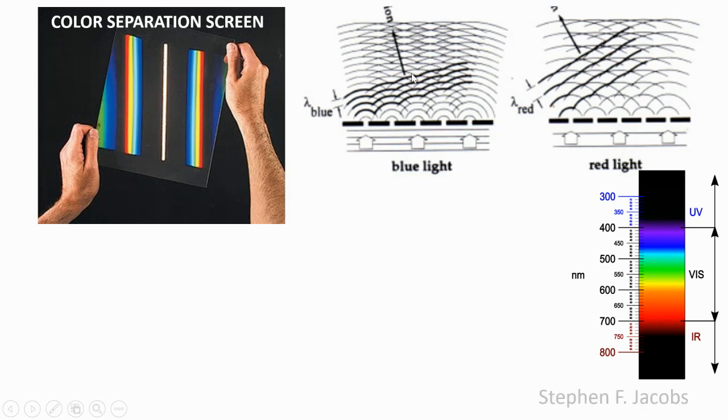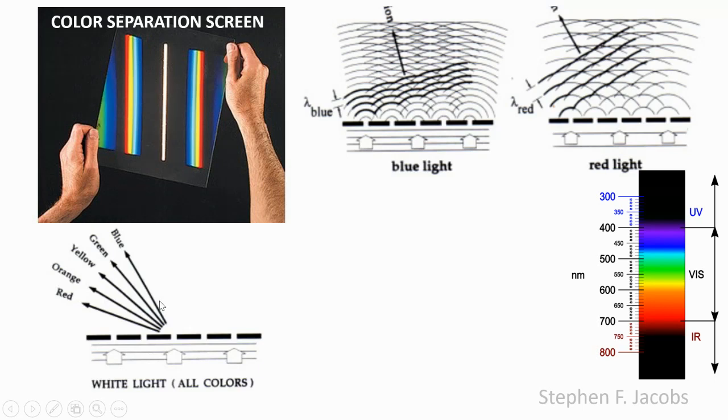Now let's replace these wavefronts with a diffracted ray, like this. This blue ray represents this diffracted wavefront. Between blue and red we have all these colors, green, yellow, orange, just like it's showing here: blue, green, yellow, orange, and red.